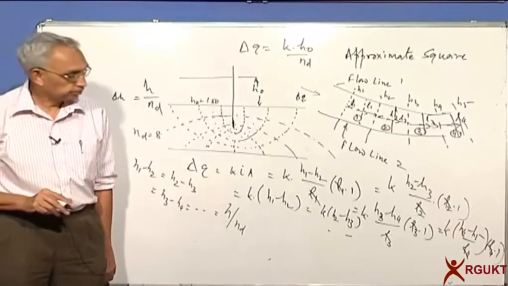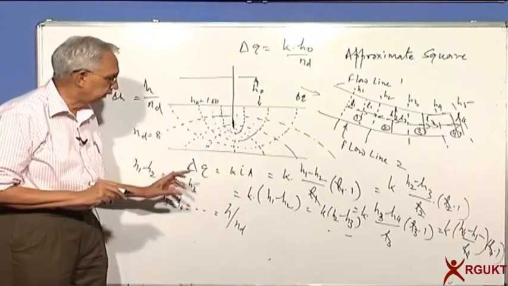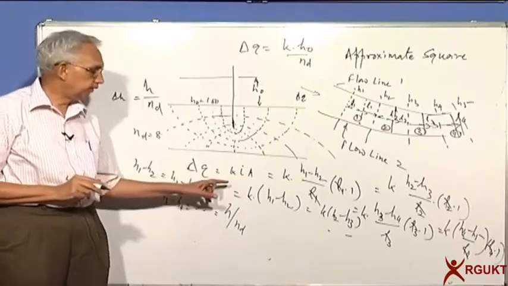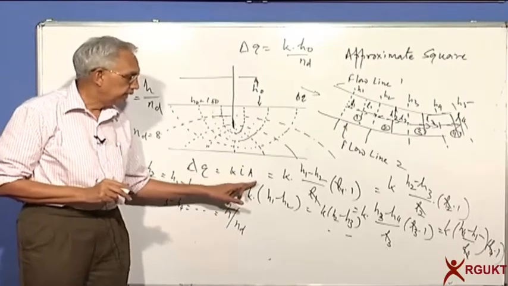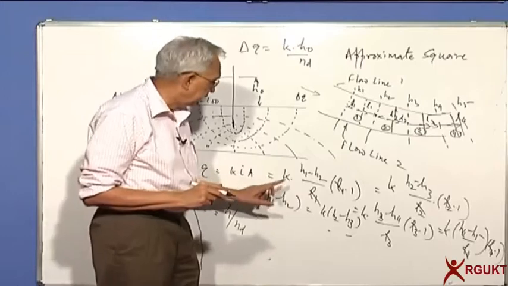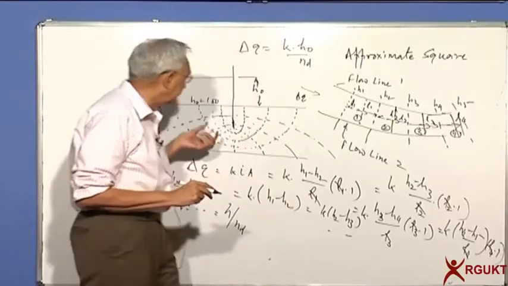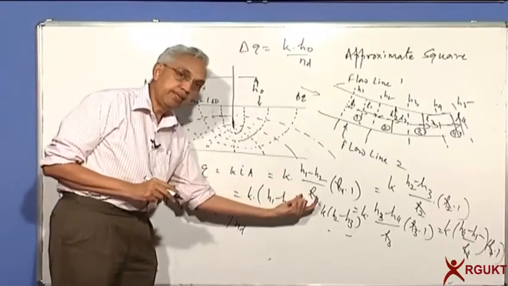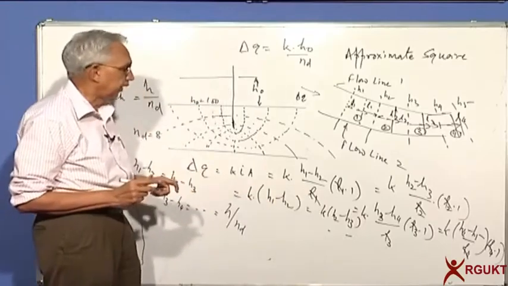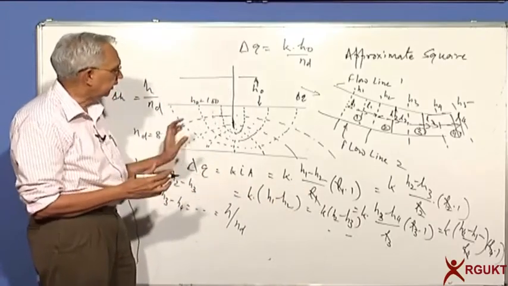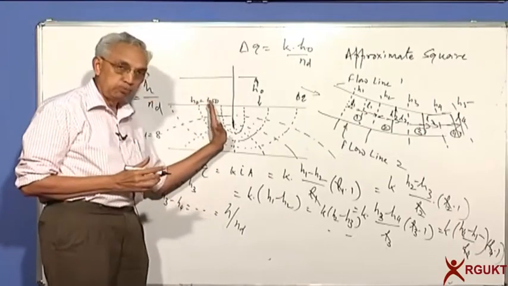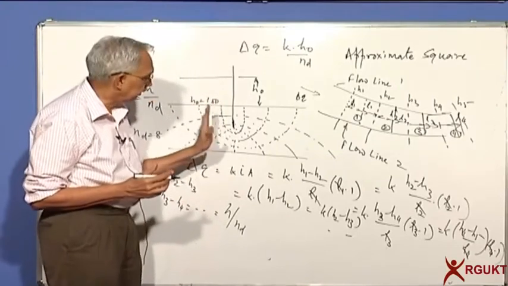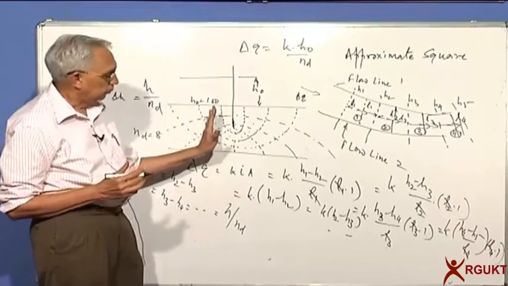Is it clear? What we said was the continuity of flow is satisfied by the simple Darcy's law, K into I into A. K is the coefficient of permeability. The gradient is the drop between two equipotential lines divided by the distance between the two lines. And the area of cross section is the distance between the two flow lines times 1, which is the length or the distance perpendicular to the board.